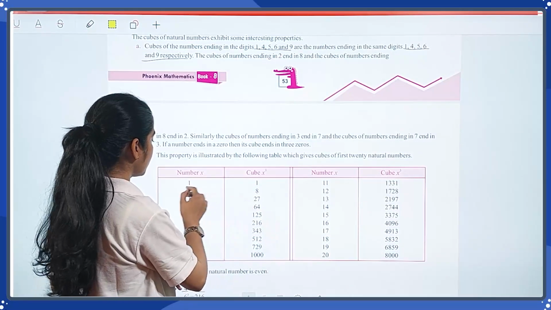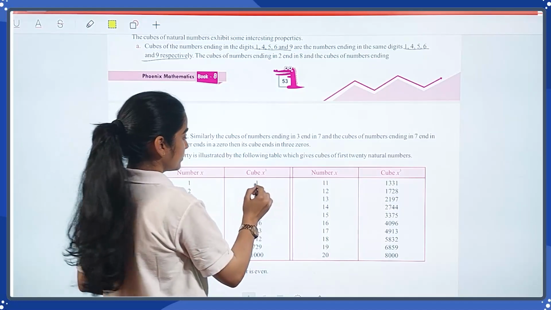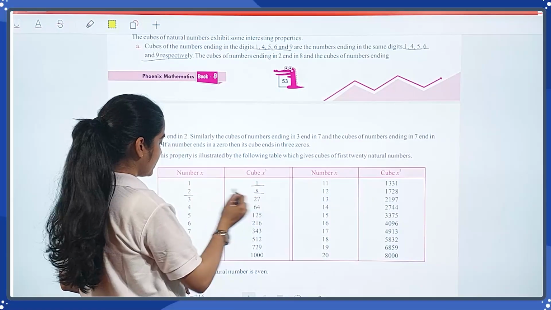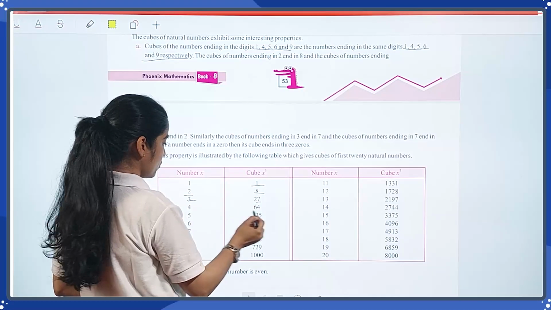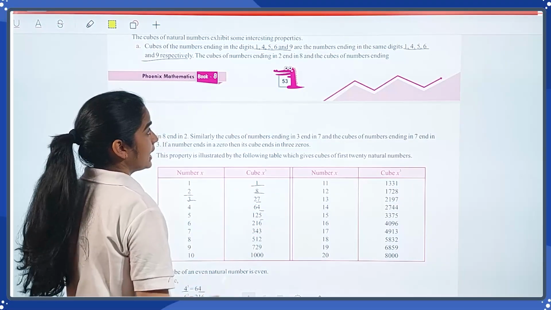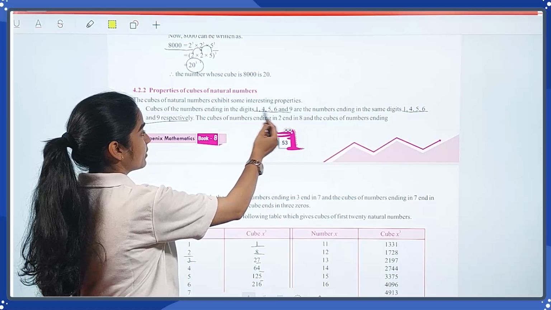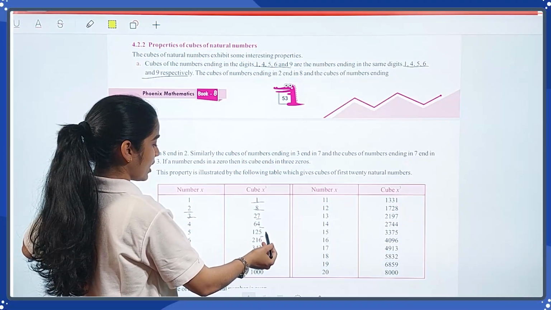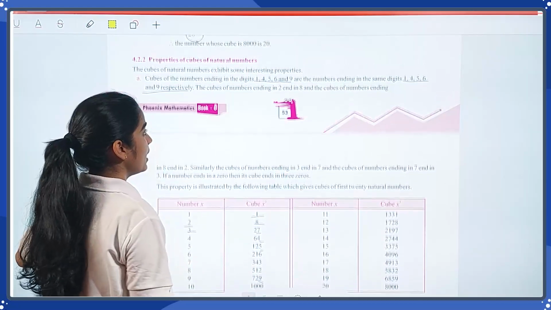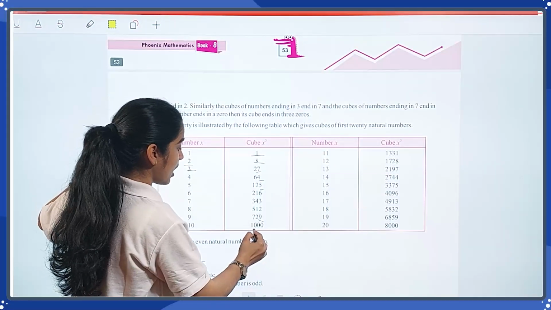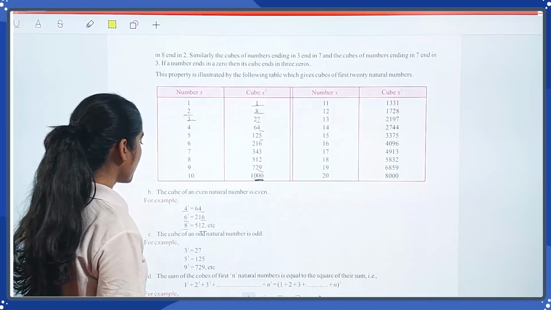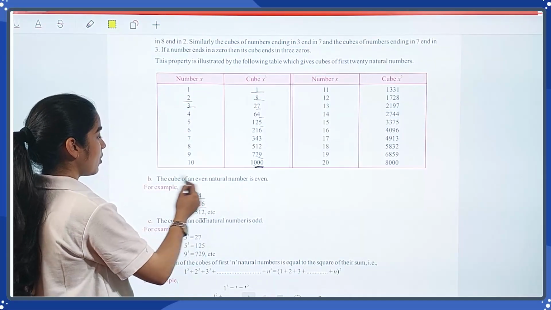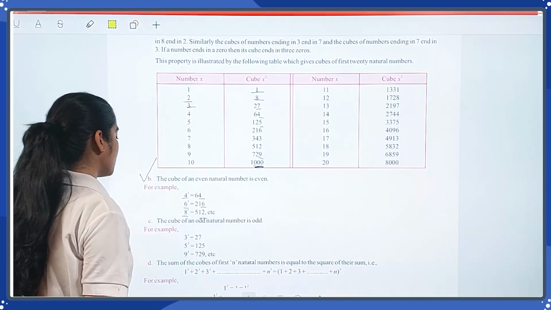You have to look here: 1 cube is 1, 2 cube is 8, 3 cube is 27, 4 cube is 64, 5 cube is 125. And these are the digits we are looking at: 1, 4, 5, 6, 9. And we have zeros with odd numbers as well. The cube root of an even natural number cube is an even number.